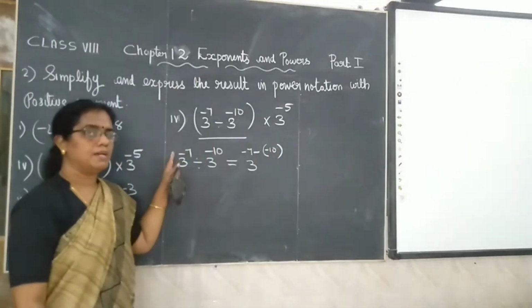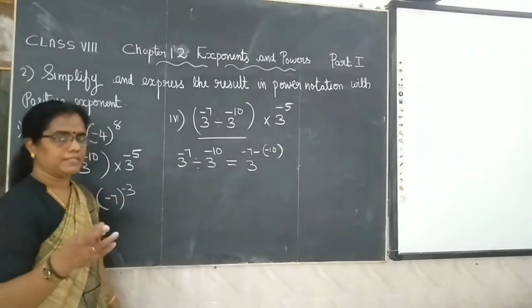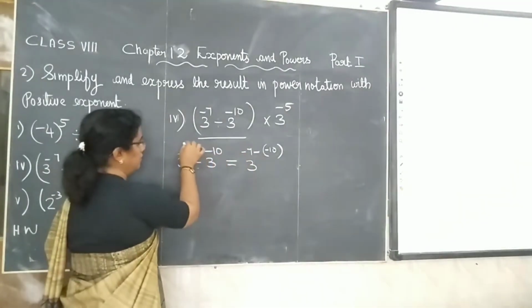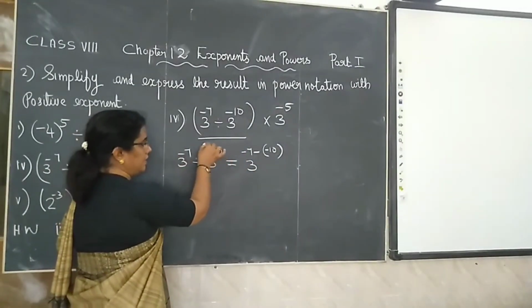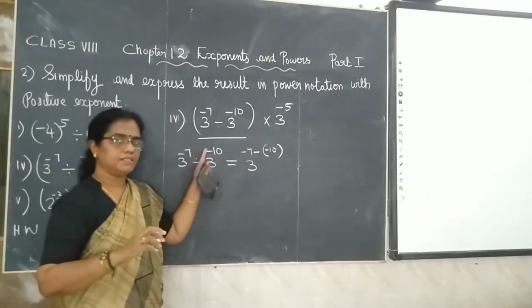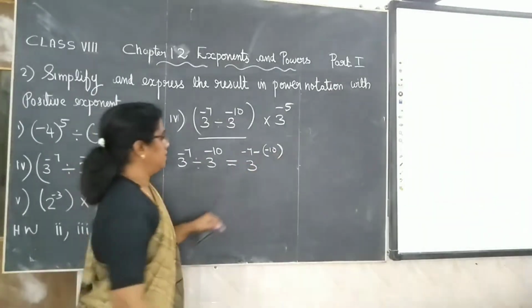Here the powers are minus 7 and minus 10. We have to do the subtraction, therefore one more negative sign will come here, because this is of the form x raised to m divided by x raised to n, and subtraction means m minus n. Therefore minus 7 minus minus 10.